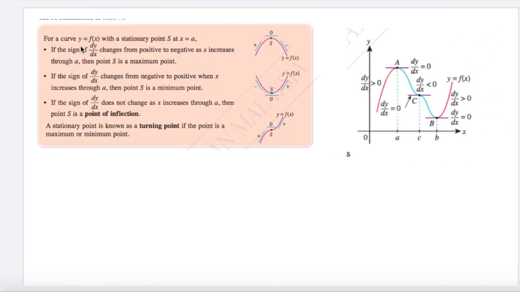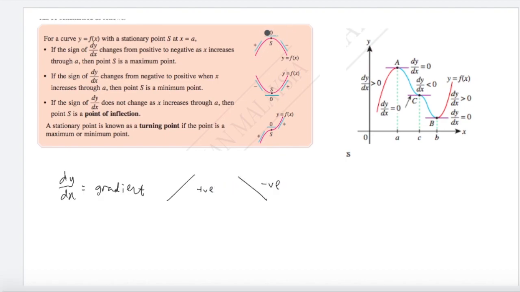If the sign goes from positive to negative, it is a maximum point; if the point is a minimum point, the sign goes from negative to positive, because dy dx is the gradient. You learned last time that a straight line going up has positive gradient, going down negative.